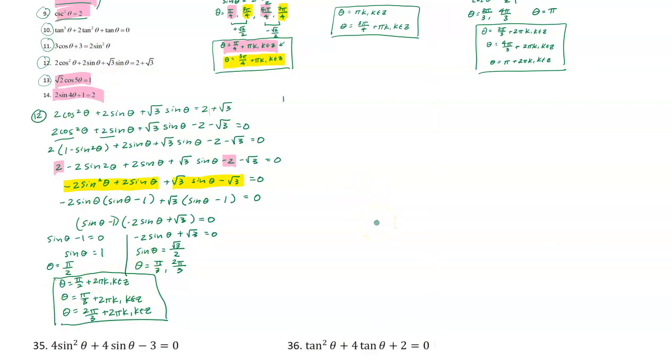Last but not least, number 13. We have square root of 2 times cosine of 5 theta equals 1. So I know we learned the double angle identities, but it's really not going to help you much in this situation unless we get it down to a theta.